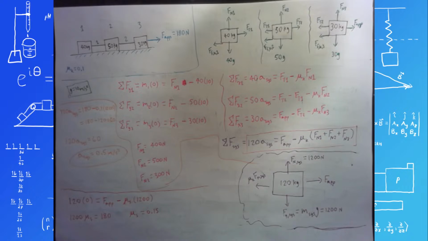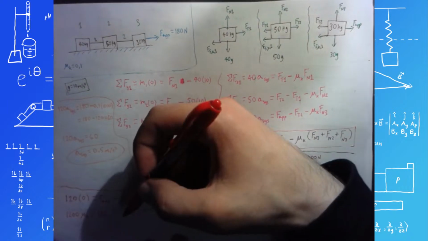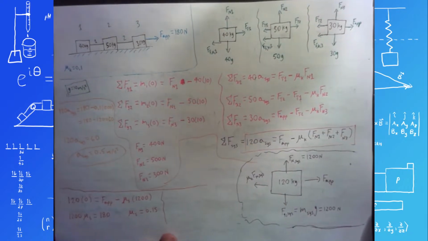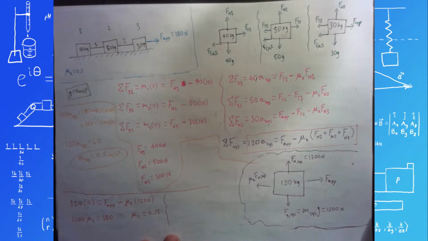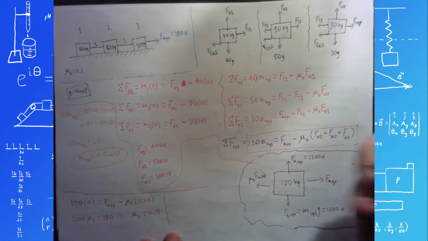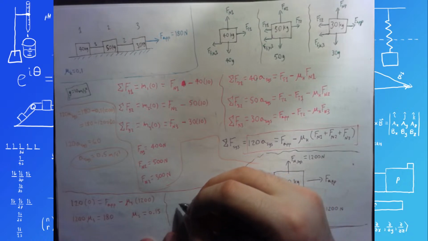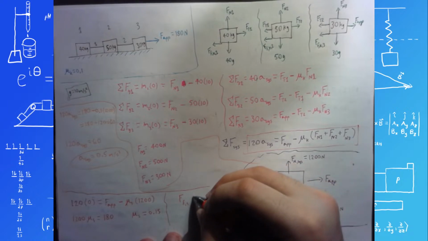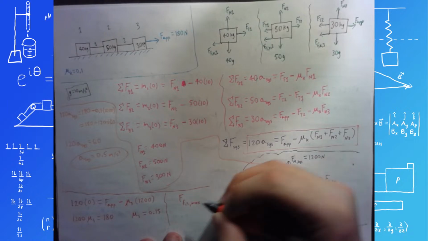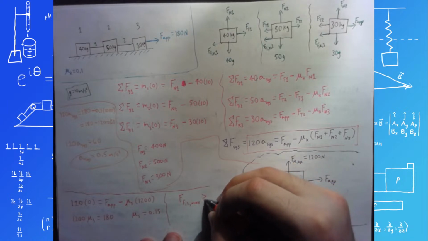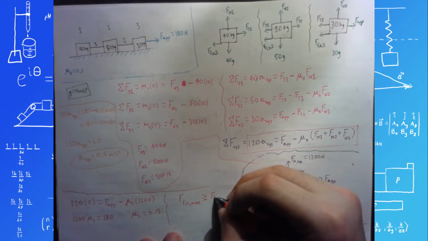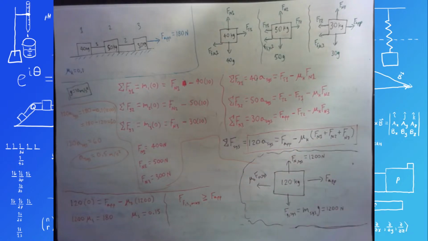The way I would go about fixing that is to say that the maximum force of static friction has to be greater than or equal to the force applied, because that's the only force that needs to be canceled horizontally.